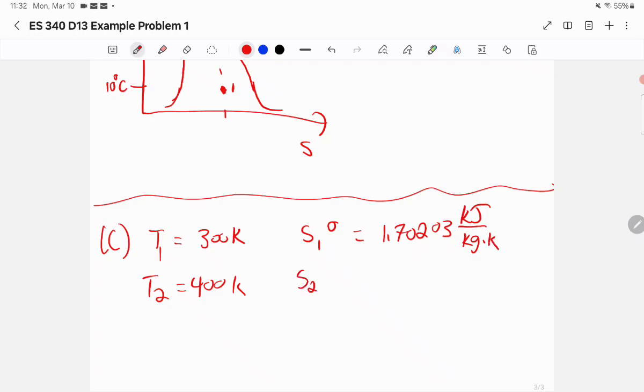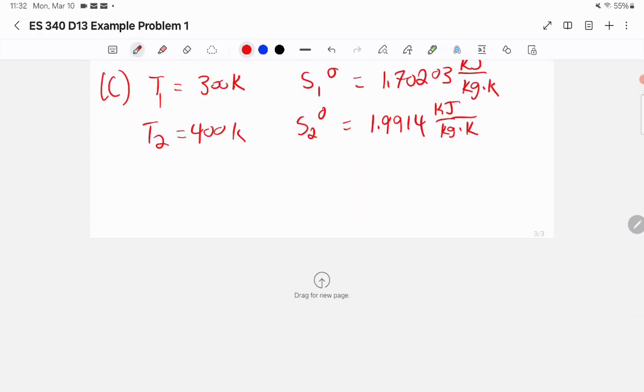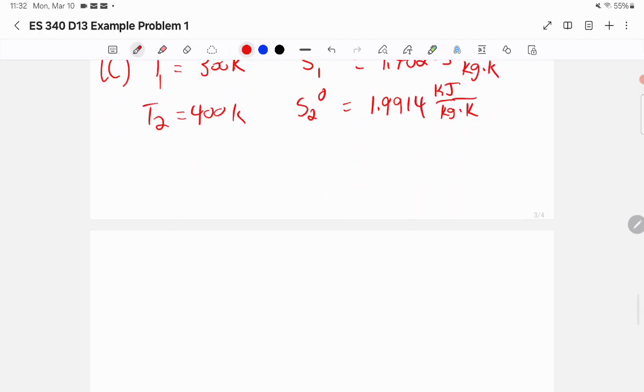And S2 circle was equal to 1.9914 kilojoules per kilogram Kelvin. And remember our equations for ideal gas, right? So we had two of them. We had the incompressible version of these equations and the ideal gas version of the equations. Let's just keep those separated out.